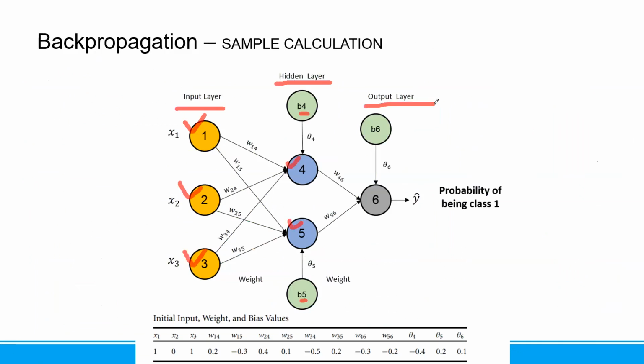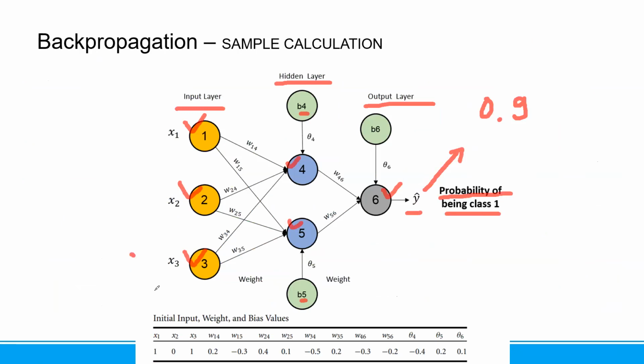We have an output layer with only one unit, and this output means the prediction value, the probability of being class 1. If the probability is high, then I know that this will be class 1 with more certainty. Let's say the result is 0.9, then I can be certain that this result is 1.